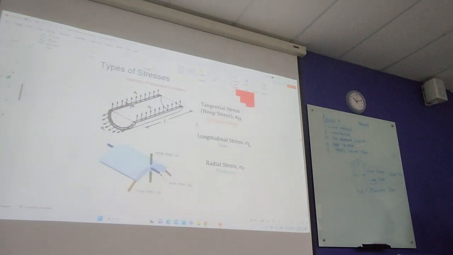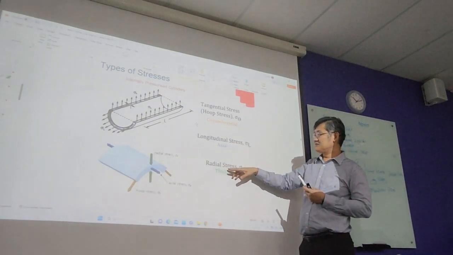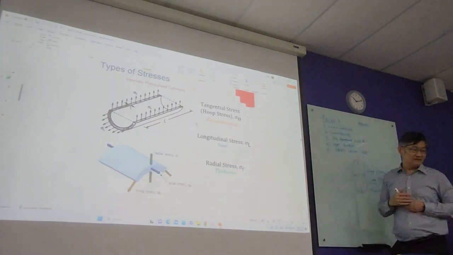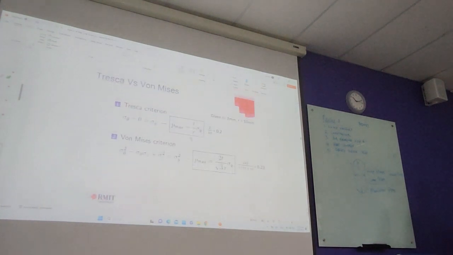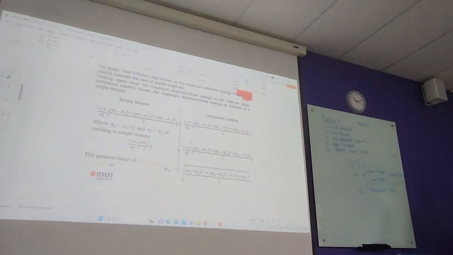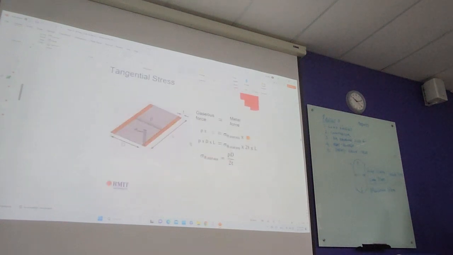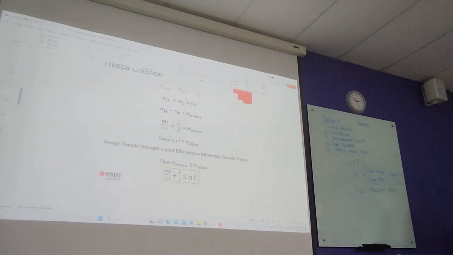This is the principal stress mentioned just now: your hoop stress, longitudinal stress, and radial stress inside your cylinder. And the membrane stress is these, Tresca and von Mises. I just want to give you some idea of this.